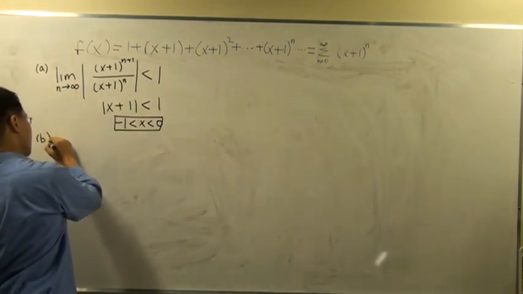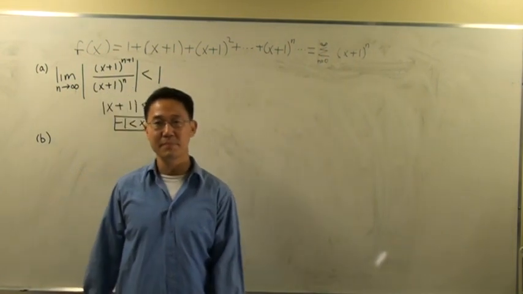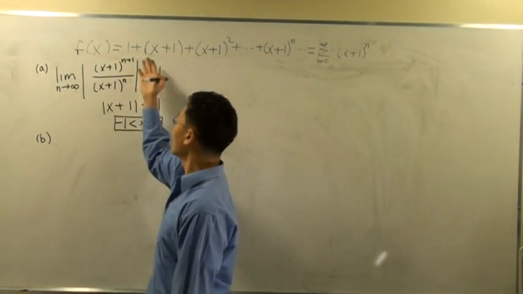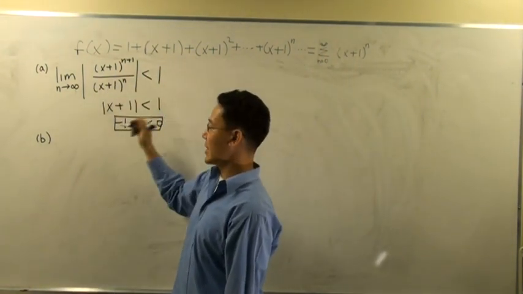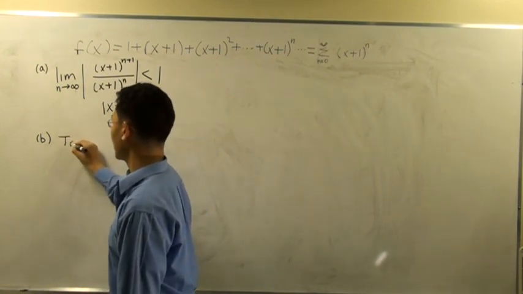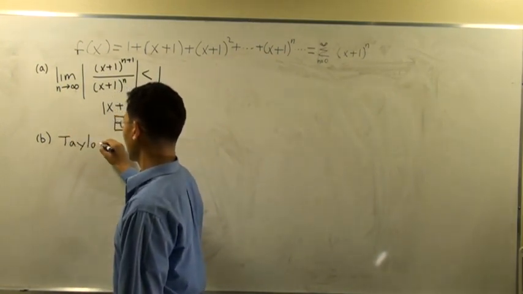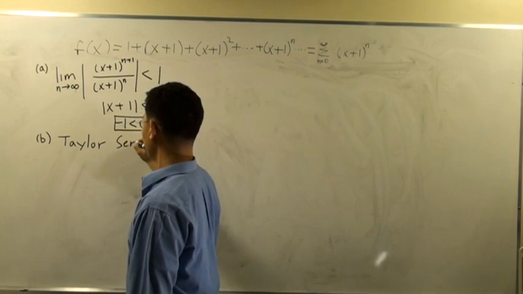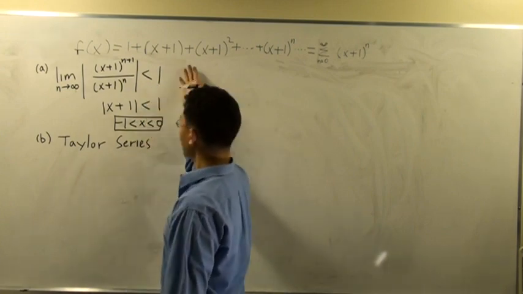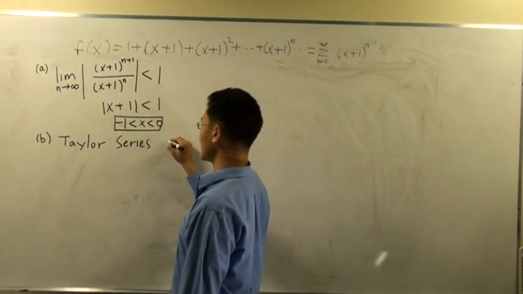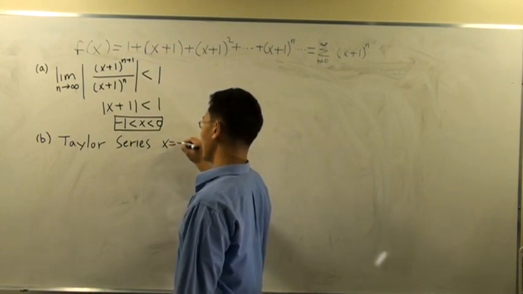And the second part of the problem is claiming that this is a Taylor series when this is approximated around x equals minus 1.